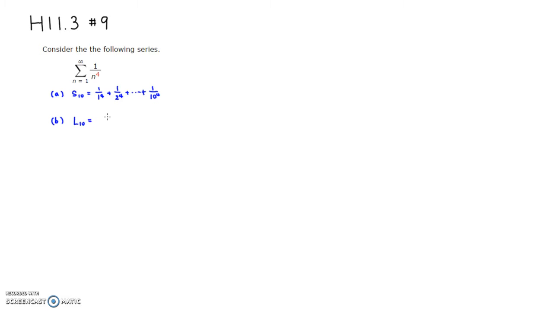This is going to be S10, which we already found, plus the integral from n plus 1, which in this case, n is 10, so 11, to infinity, of 1 over x to the 4th dx.